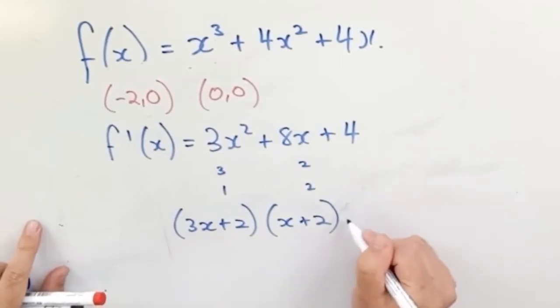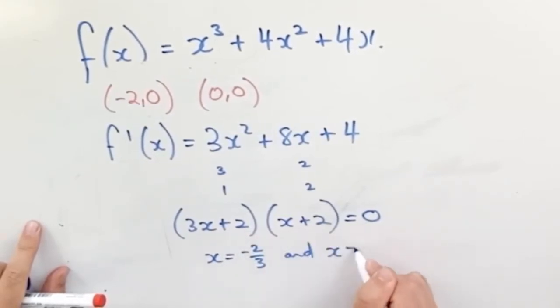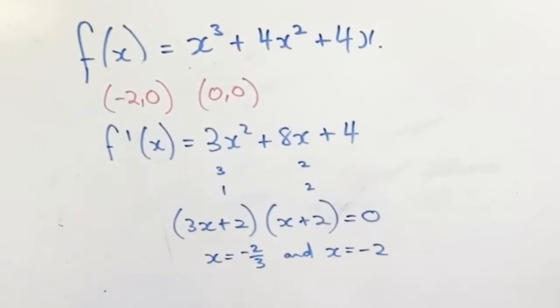Okay, so if I set this equal to 0, it tells me where my stationary points are going to be. So I've got x equals negative 2/3 and x equals negative 2. Okay, so that's great. That's the x points.